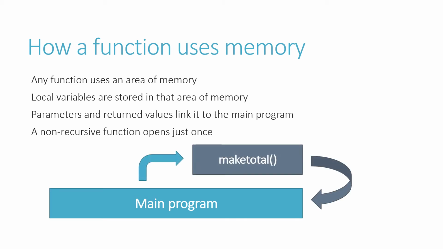Parameters and return values link the function to the main program. The parameter or parameters pass values from the main program up to the function, and the returned value passes one value back to the main program. When we're dealing with a non-recursive function, this happens just once, so it uses a limited amount of memory.